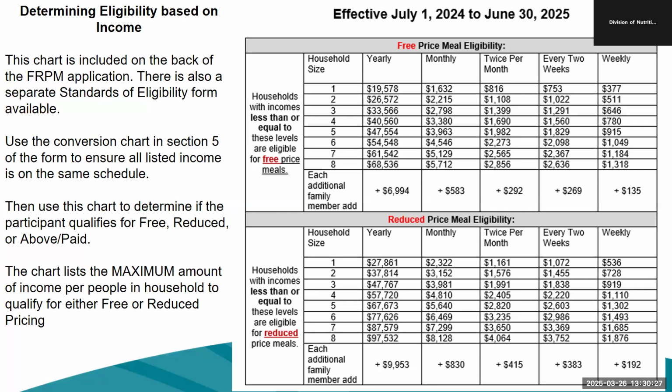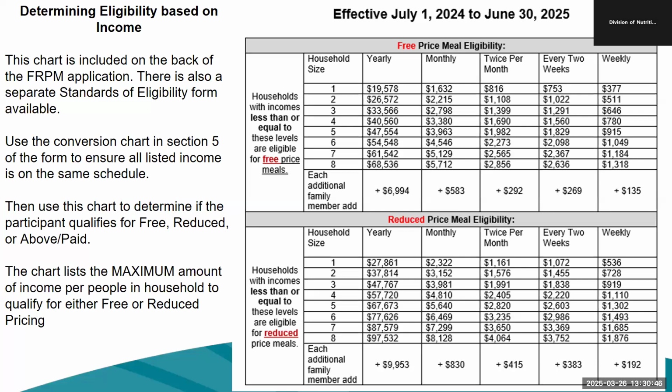So be aware of that. We'll probably be sending that out through email as well, just so you guys have that. So any new participants that enroll on July 1st, 2025 or after, you're going to use that new form that the feds just put out.